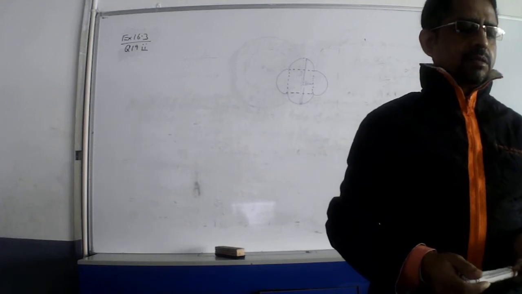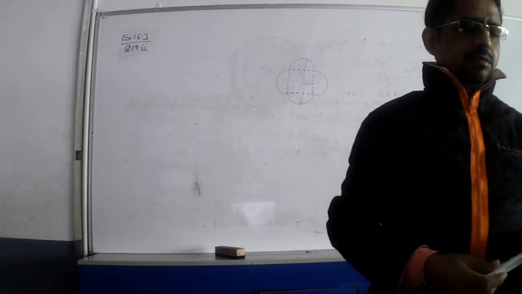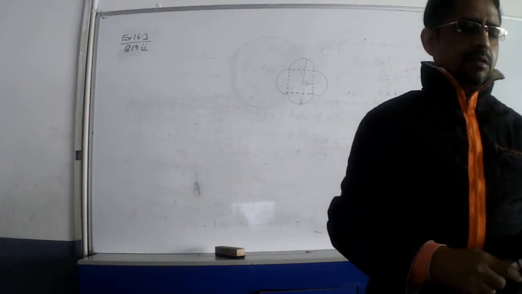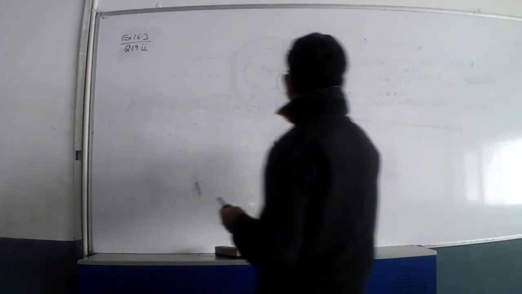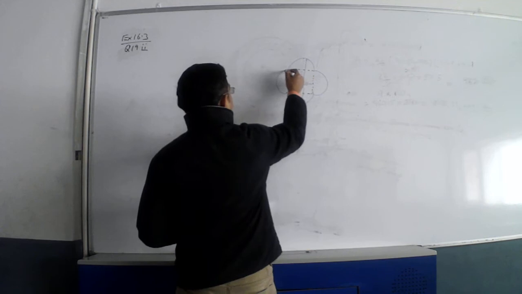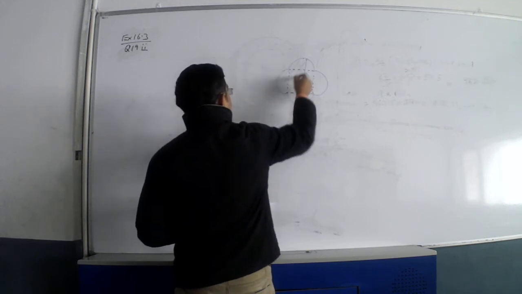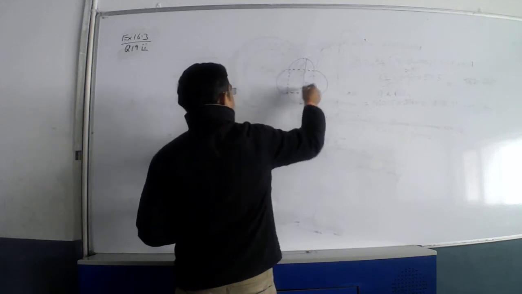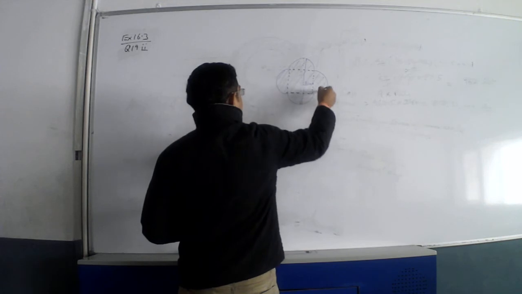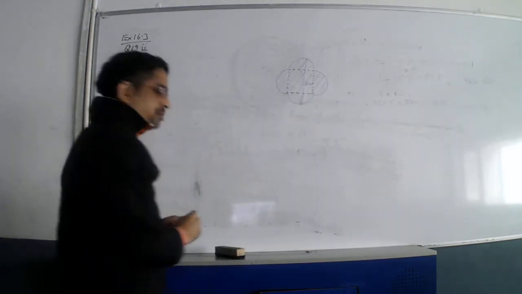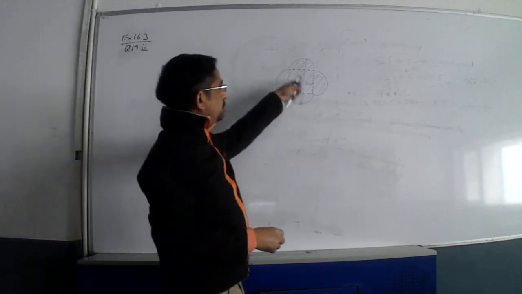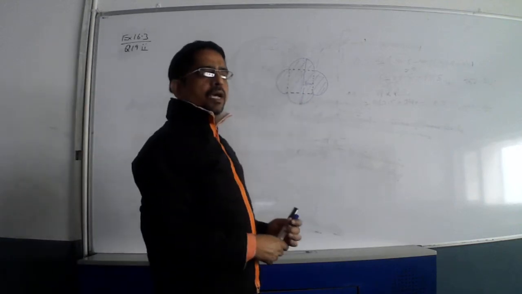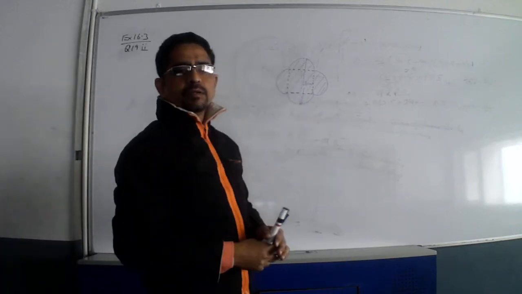Now let us find, now this area is shaded. So here this whole area is shaded. So we have to find the area of this shaded portion, the whole shaded portion, as well as the perimeter.